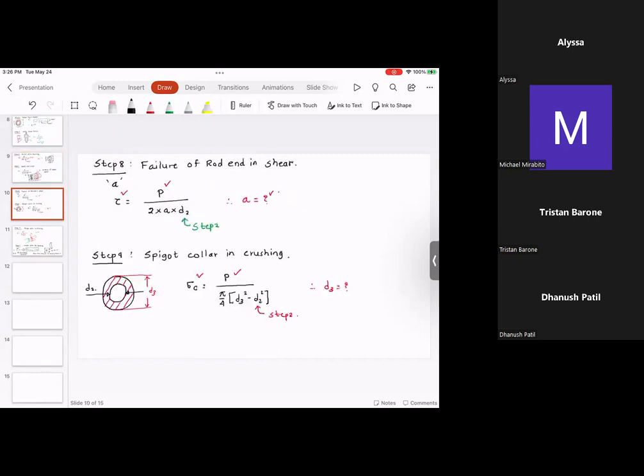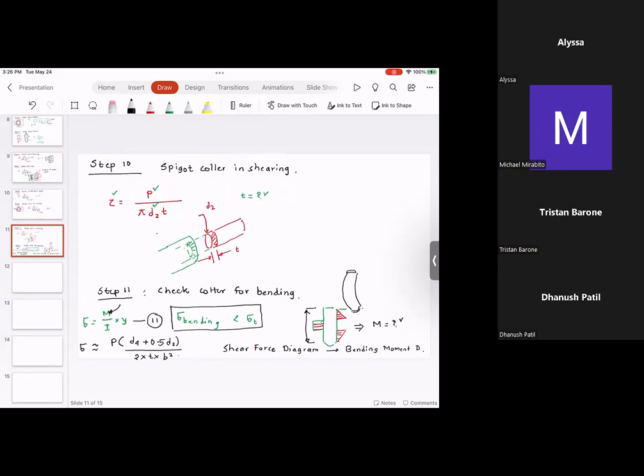Then you have to look at the failure of the rod end in shear, and that will give you the dimension A. Then you will find the spigot collar crushing, which will give you the dimension D3. Then you will have circumferential shear on the collar, which will give you the value of D and the value of T. Finally, once you're done with that, you will check the socket collar for bending.